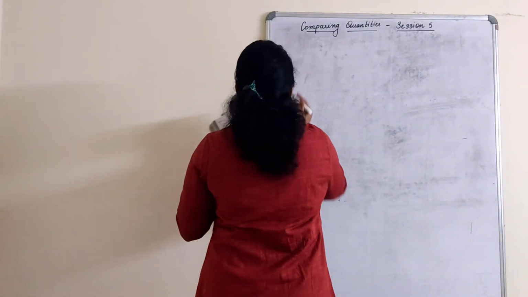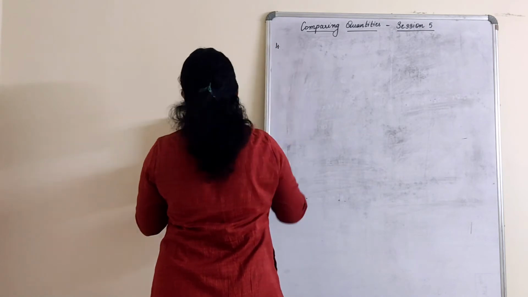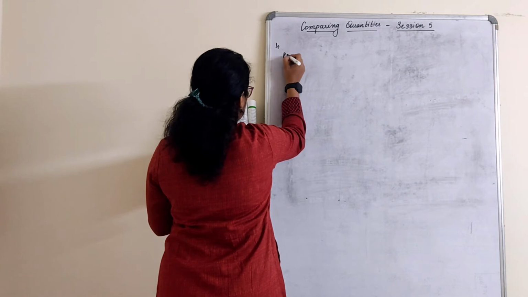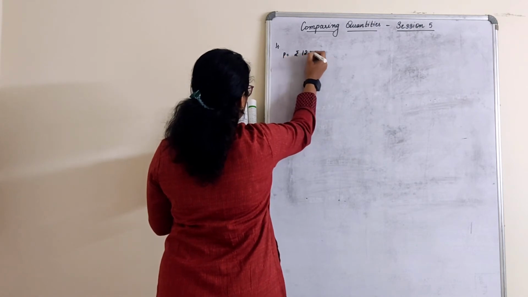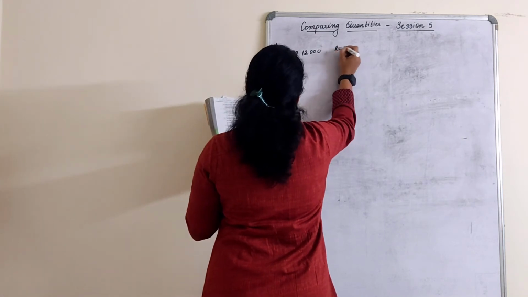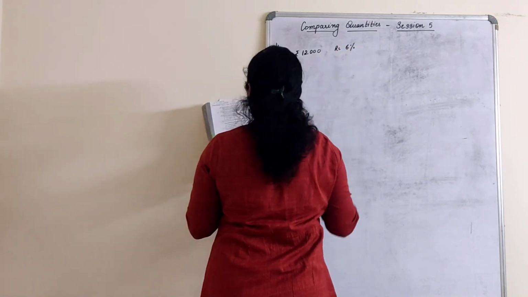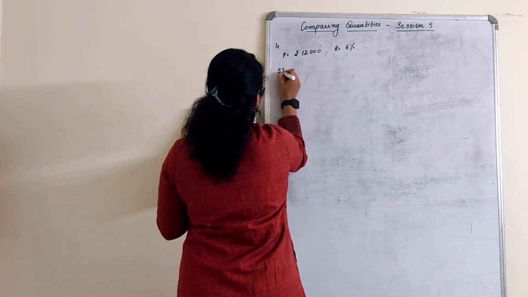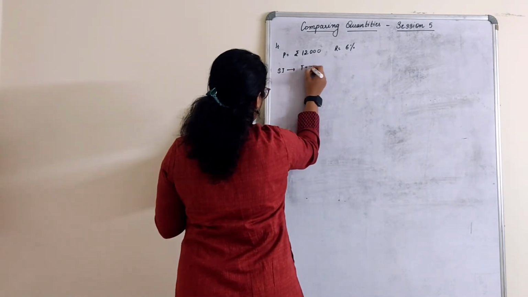Fourth one, see here, I will just write the details, then I will mark it for homework. I borrowed rupees 12,000, that is, principal is rupees 12,000 from Jamshed at rate of interest 6% per annum for simple interest of 2 years.